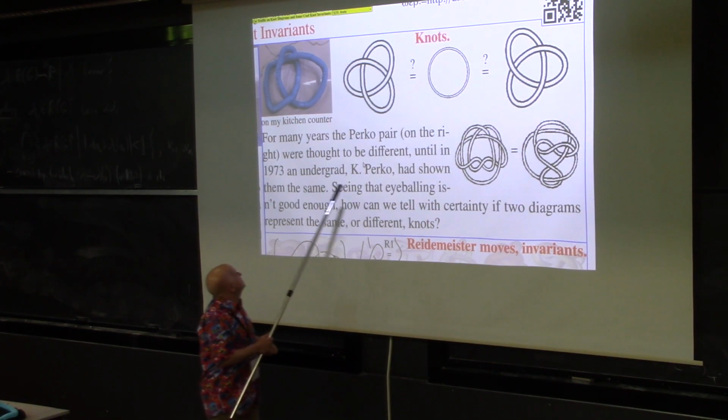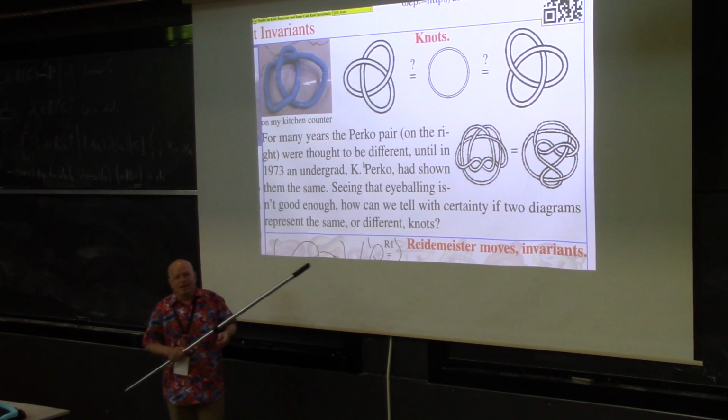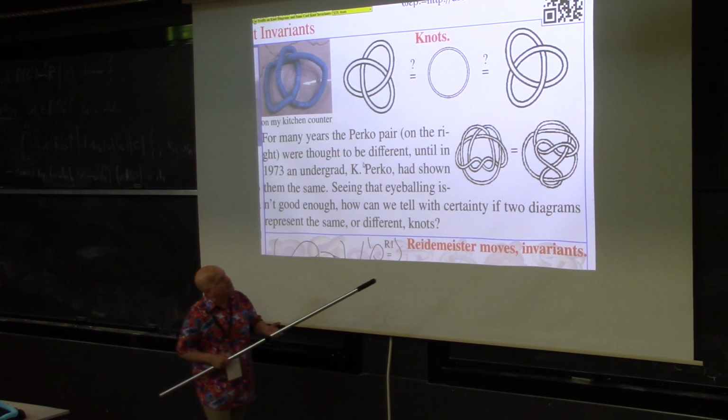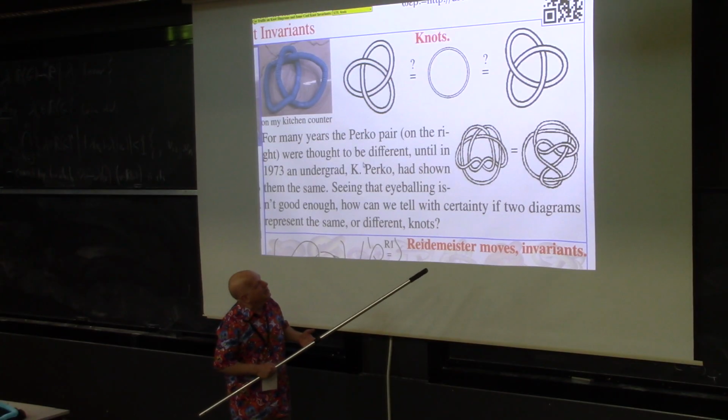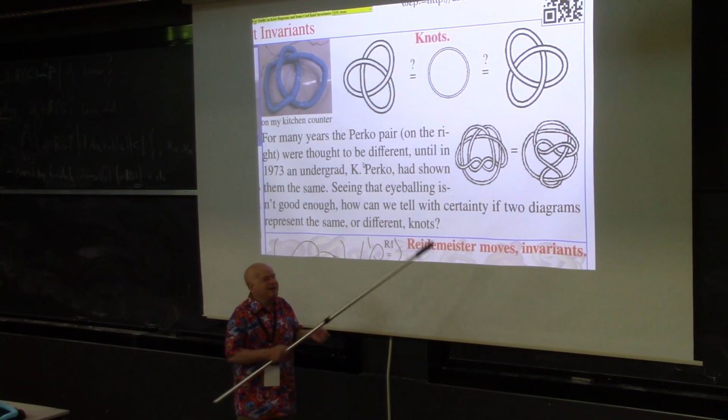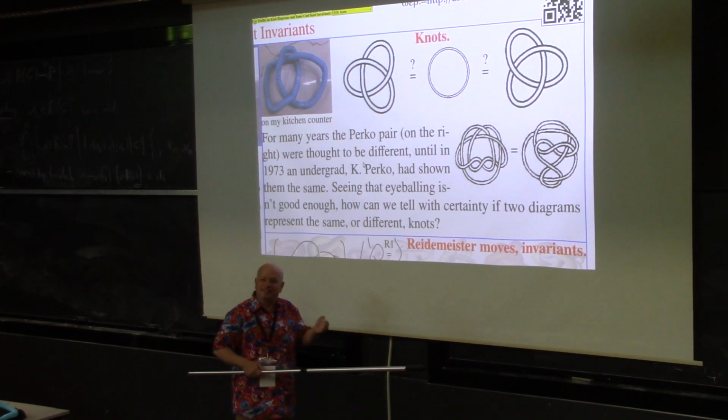And then in 1973, an undergrad, Ken Perko, looked at these and found that, well, they're actually the same. But it remains non-obvious. Like, you'll have a very hard time seeing that they actually are the same.